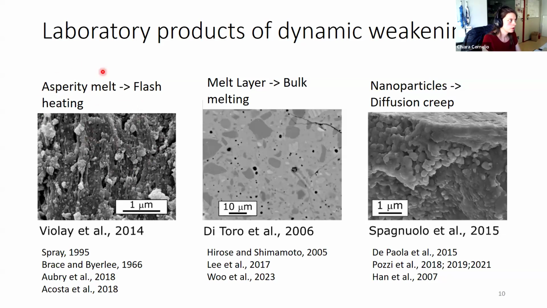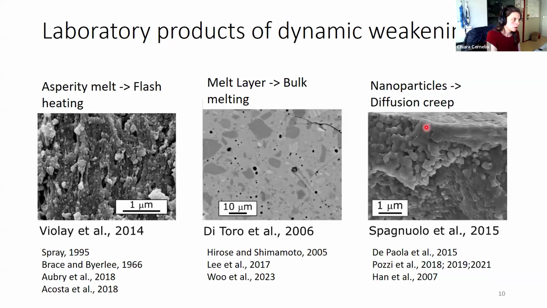So this means that we have flash heating at the asperity scale. But if the slip is long enough, then we have the formation of a complete layer of melt, represented here, if we are performing experiments on silicate-rich rock. However, if we are performing experiments on calcite-rich rock, we have the formation of nanoparticles, and we can observe diffusion creep.